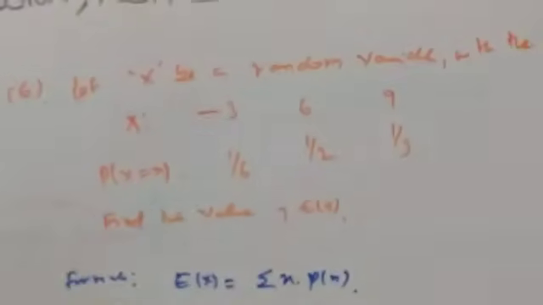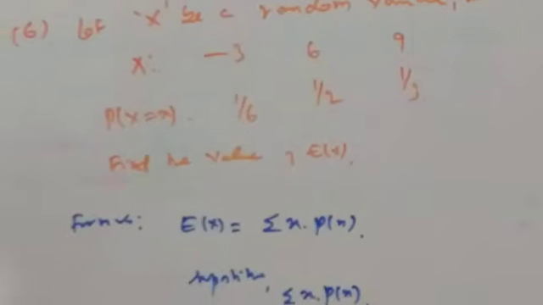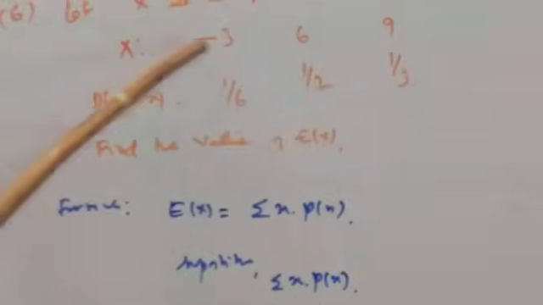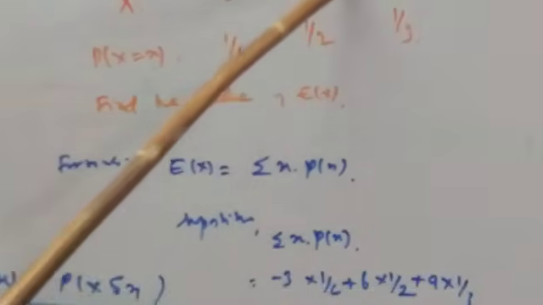This is a discrete random variable, and its function is called the probability mass function. For the continuous random variable, it is called the probability density function. The probabilities are 1 by 6, 1 by 2, 1 by 3.